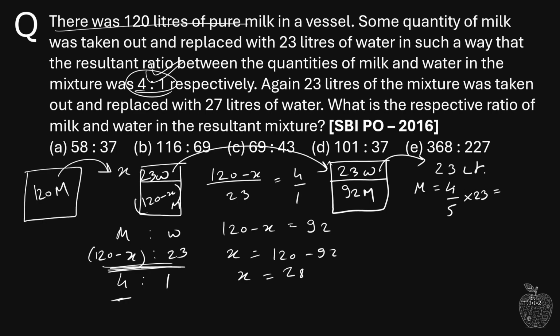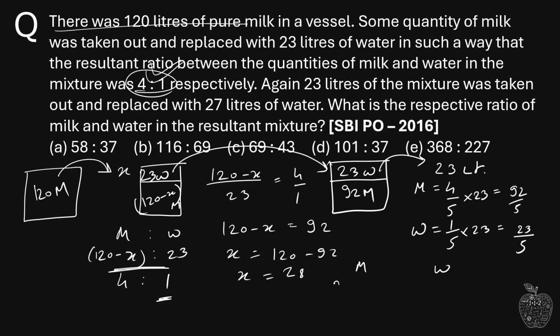So that means 23 into 4, 92 by 5 milk is taken out, and water is 1 part out of total 5 parts. So 1 part out of total 5 parts in this 23 liters. So that means 23 by 5 liters of water is taken out. So how much resultant milk and water is there?